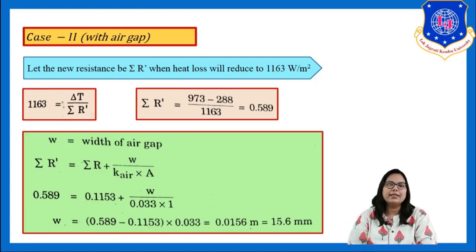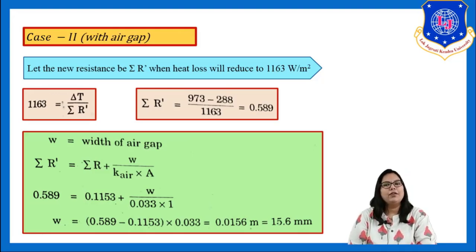So summation R dash is equal to summation R plus W upon kA for the air gap. So 0.589 is equal to 0.1153 plus W upon k, the thermal conductivity of air, which was given as 0.033, and area is 1. So summation R dash is equal to summation R plus R of the air gap.